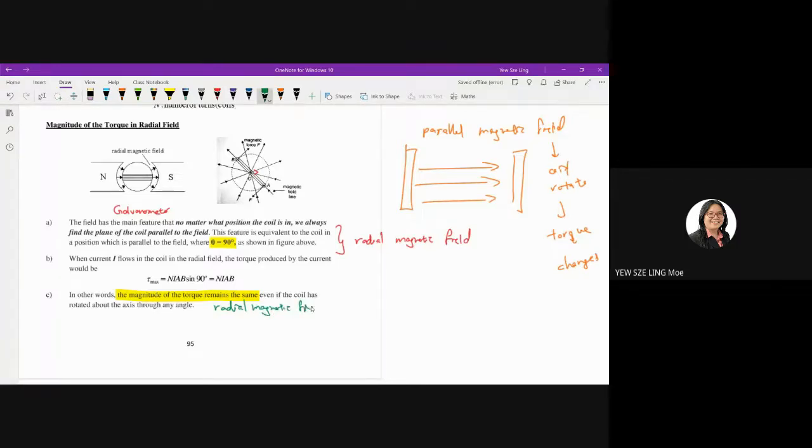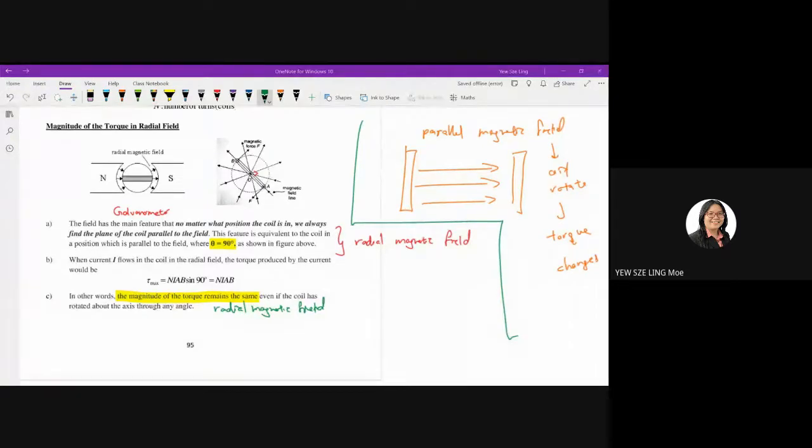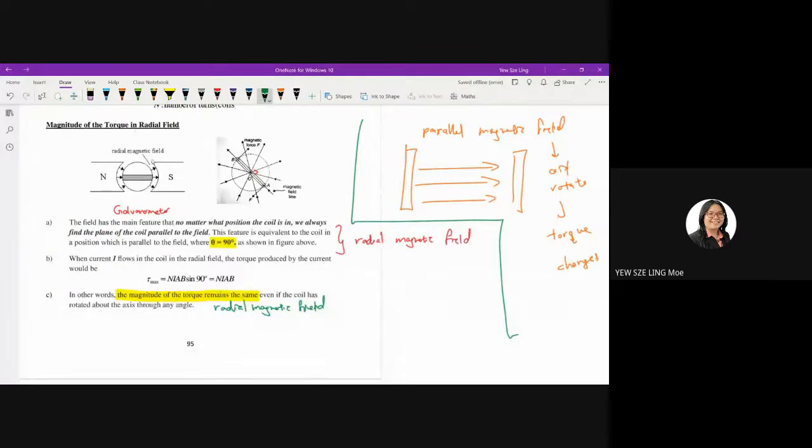Make sure you don't get confused. Usually in calculation type questions, we will give you parallel magnetic field questions, but in explanation questions, they usually like to ask about the radial magnetic field. Why? Because this can be applied in the galvanometer, and that is part of your syllabus, which is on the next page.